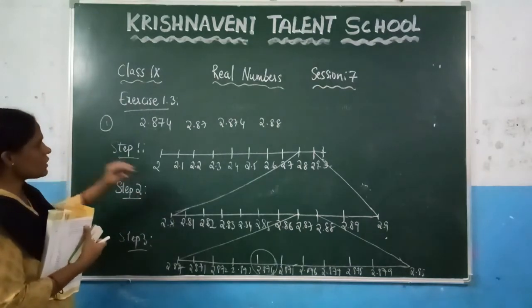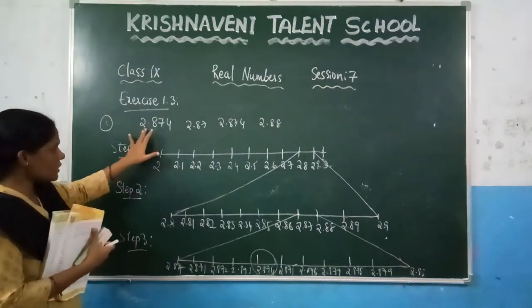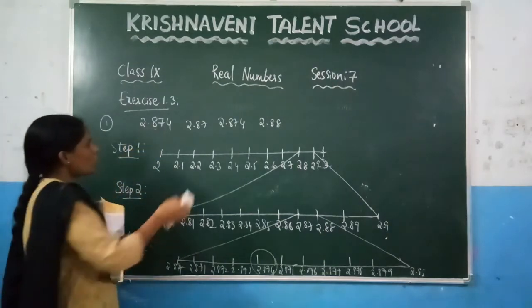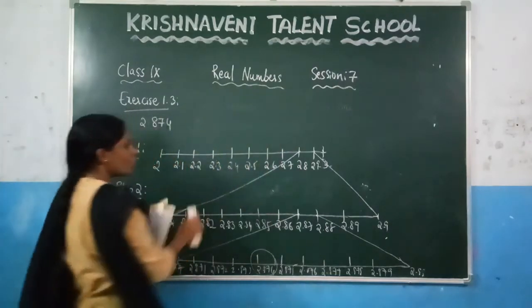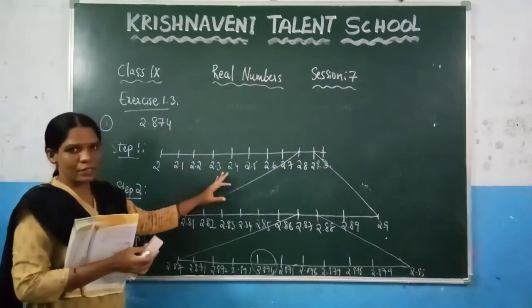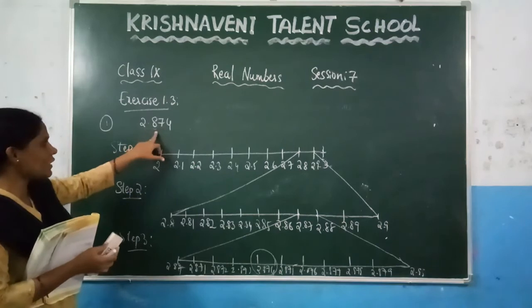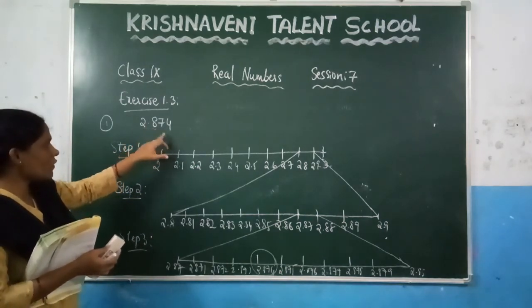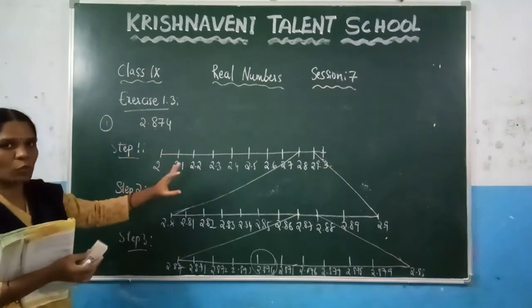How do you represent it? You just need to check which two numbers this number lies between. You know that 2.874 lies between 2 and 3, and between 2 and 3 you have to mark the numbers, and after that you need to check the next number, this 2.8. You know that 2.874 lies between 2.8 and 2.9.